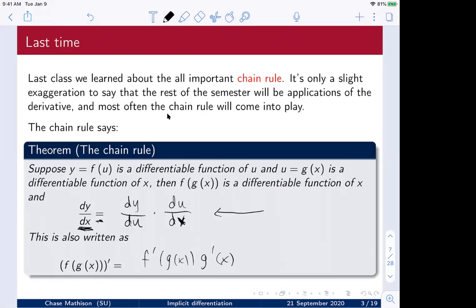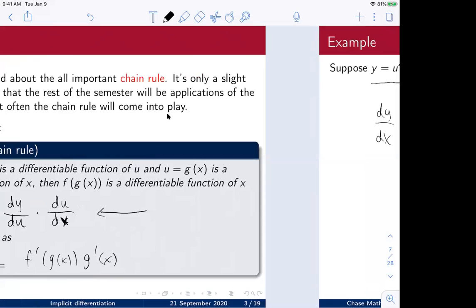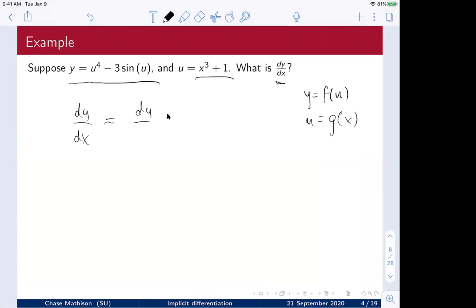Literally, I just want you to read what is right there right now. So someone out loud read me that line. dy over du times du over dx. Yeah, dy/du times du/dx.